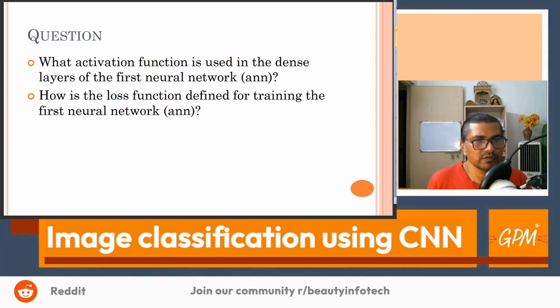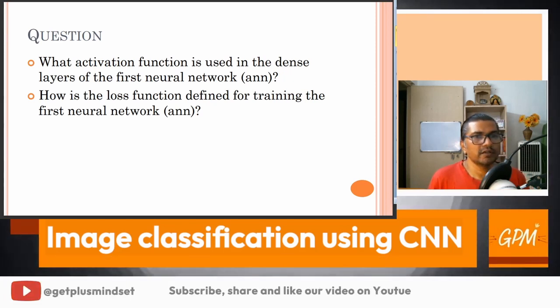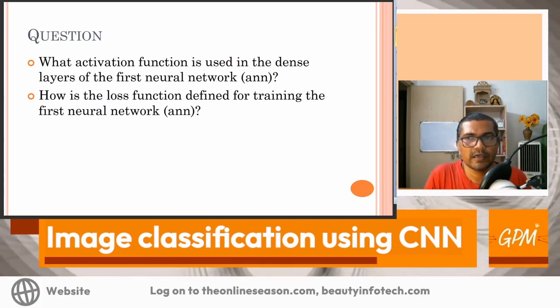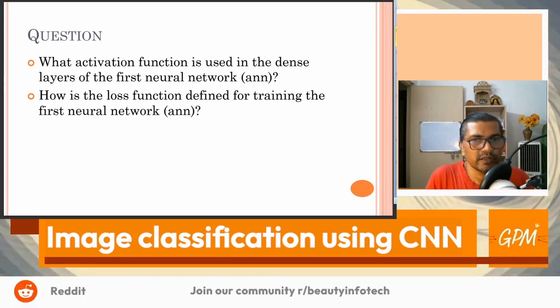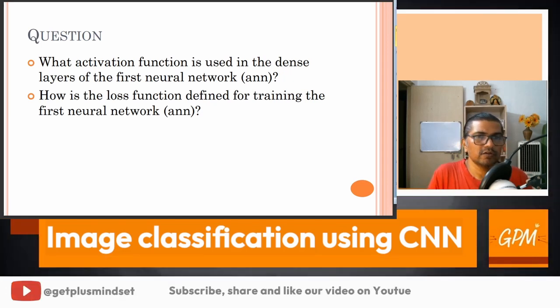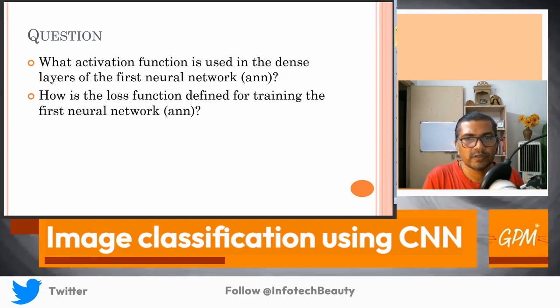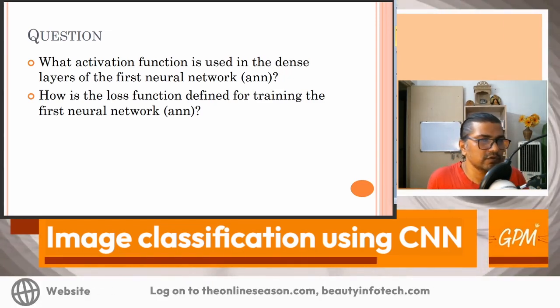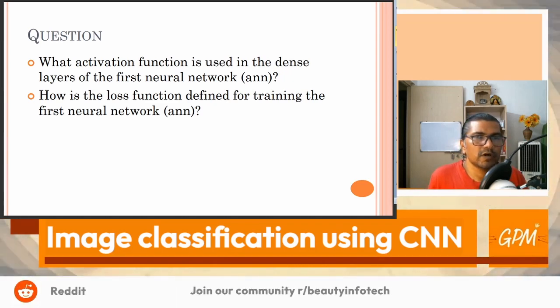We use the ReLU function, the rectified linear unit activation function, in the dense layer of the ANN, and ReLU is a popular activation function that introduces non-linearity and helps in overcoming the vanishing gradient problem, and it replaces all negative values with 0 and keeps positive values unchanged.